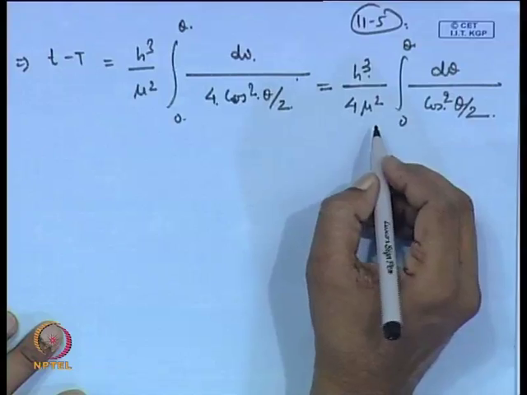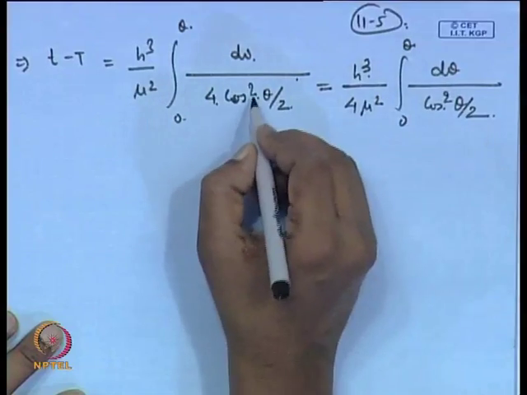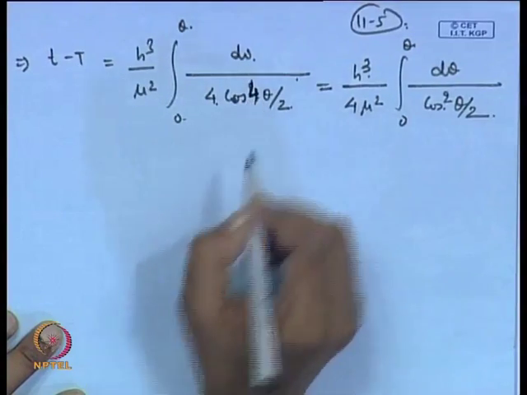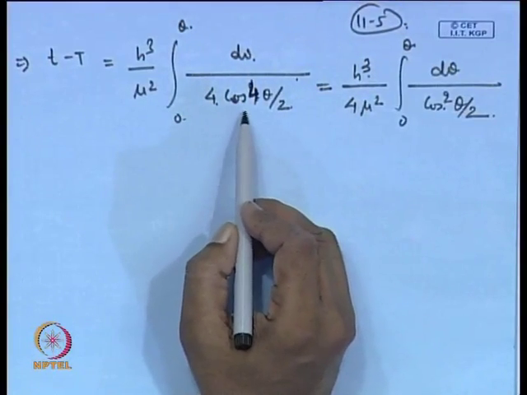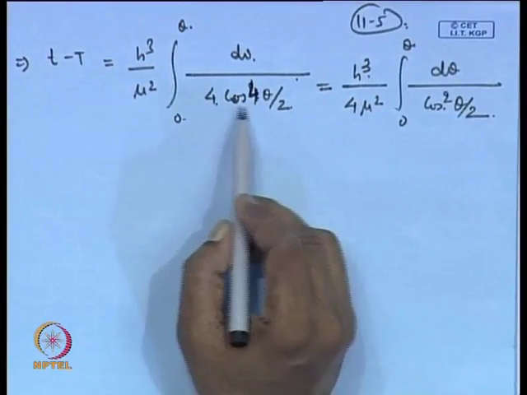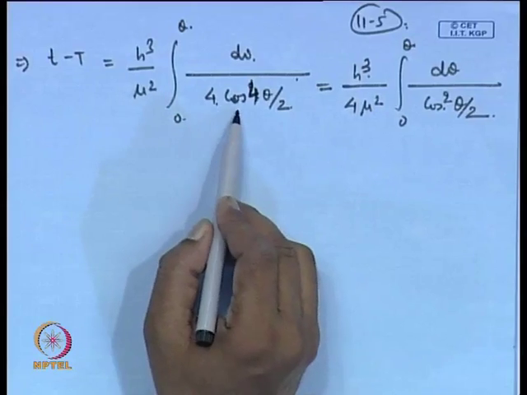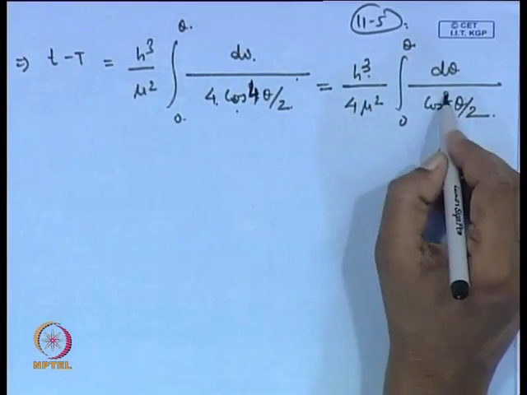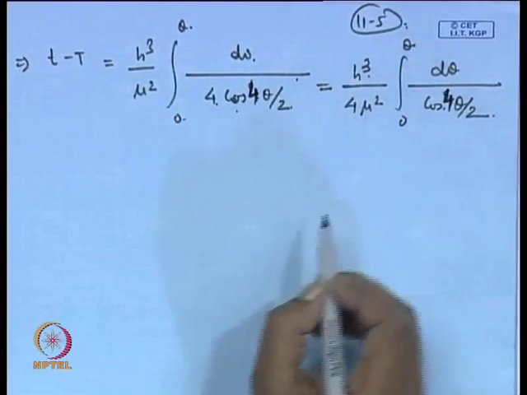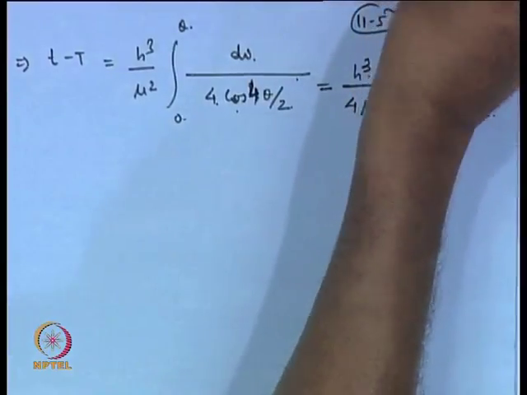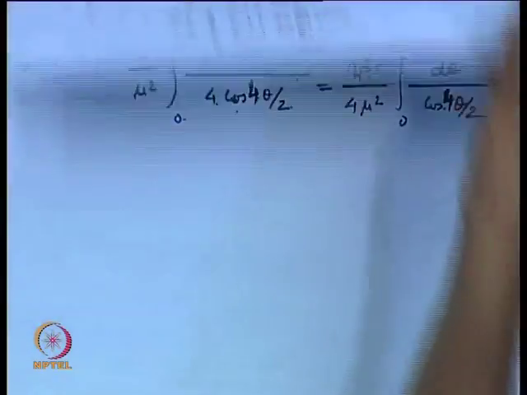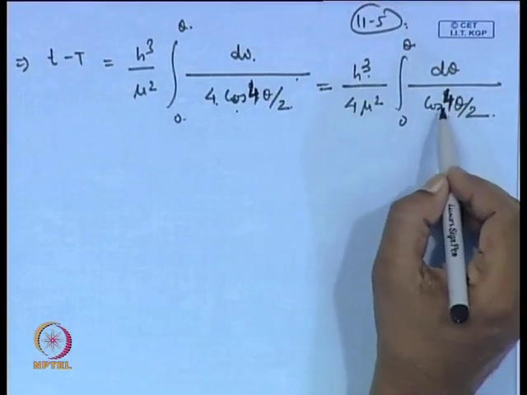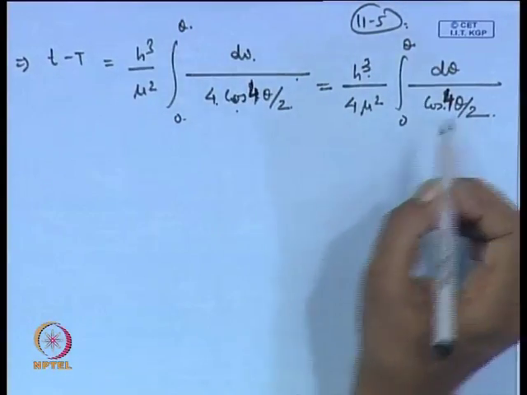Because 1 plus cos theta is equal to 2 cos squared theta by 2, and we have 1 plus cos theta squared, this becomes 4 cos to the power 4 theta by 2.